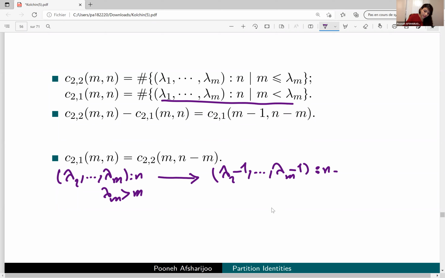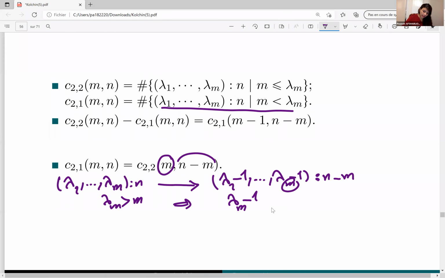Again, I will obtain a partition of n minus m with exactly m parts, whose smallest part is at least equal to its length. And it is again a bijection and proves the last equation for C_2i(m,n). And since b_2i(m,n) are uniquely determined by Andrews' system, we actually prove that C_2i(m,n) is equal to b_2i(m,n).